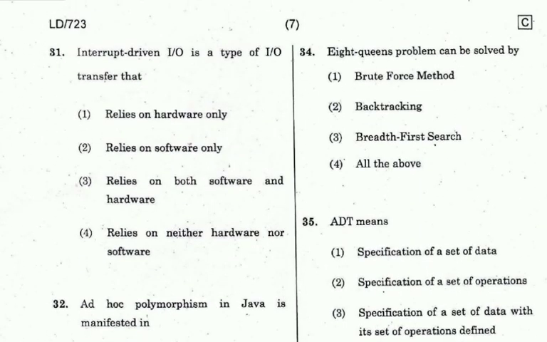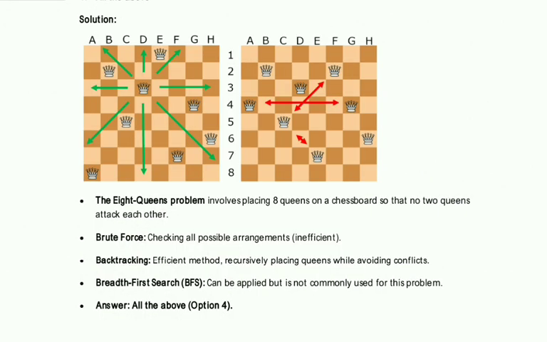Next, the 8 queens problem can be solved by. We can solve the 8 queens problem by using all these techniques. The 8 queens problem involves placing 8 queens on a chessboard so that no 2 queens attack each other. So here you can see the figure. In the figure, we have to place the queens on the chessboard such that they won't attack each other.